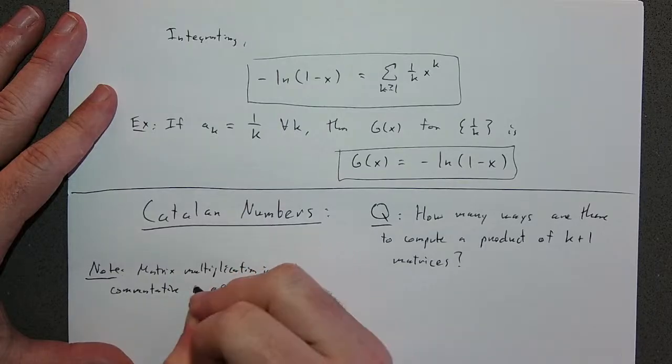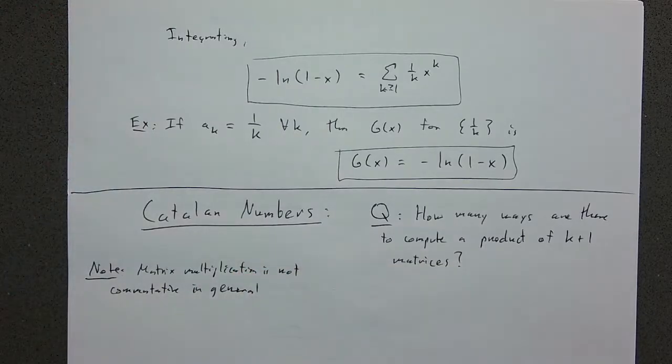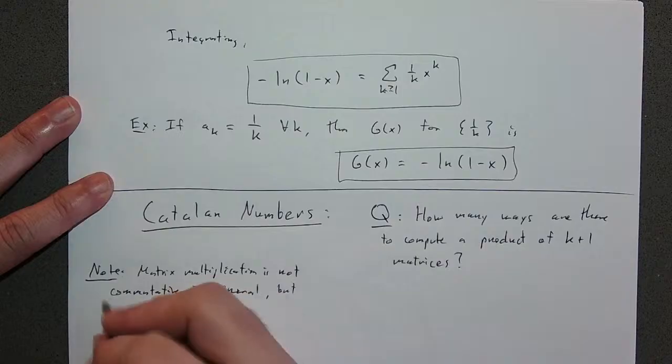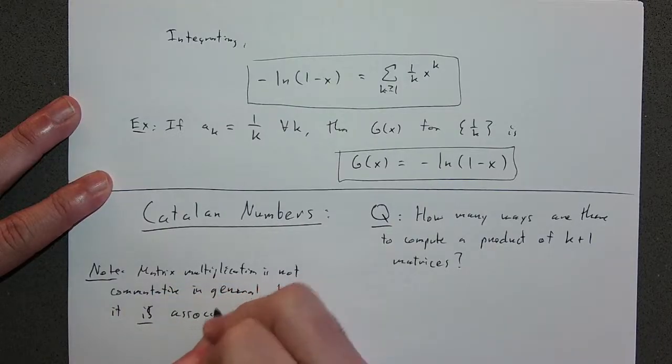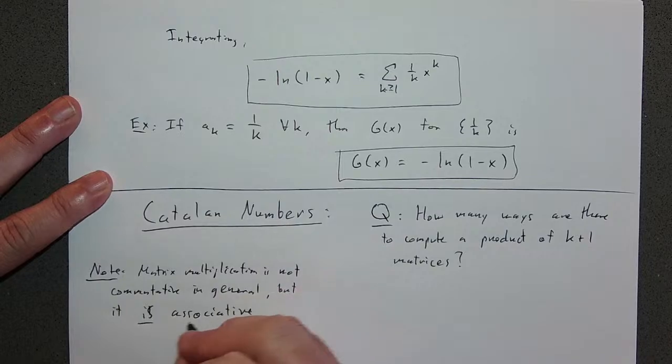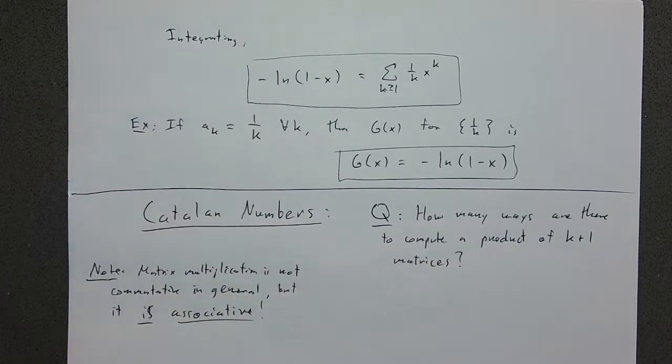Of course, don't fuss at me and tell me that you have 500 examples of A times B being equal to B times A. You can definitely do that, but that's not true for general matrices. But it is associative. So when we say how many ways are there to compute a product of k plus 1 matrices, we're talking about the number of ways to place parentheses around these matrices in a different fashion.